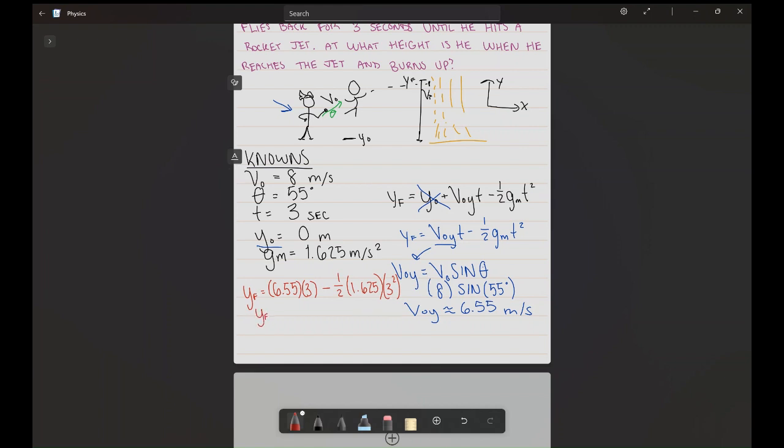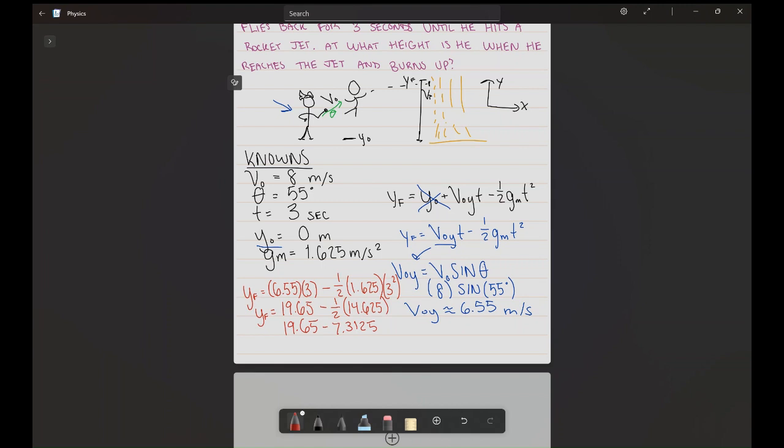So now we have y final equals, these two came out to be 19.65 minus 1/2 times this altogether, which was 14.625. So half of that was 7.3125.